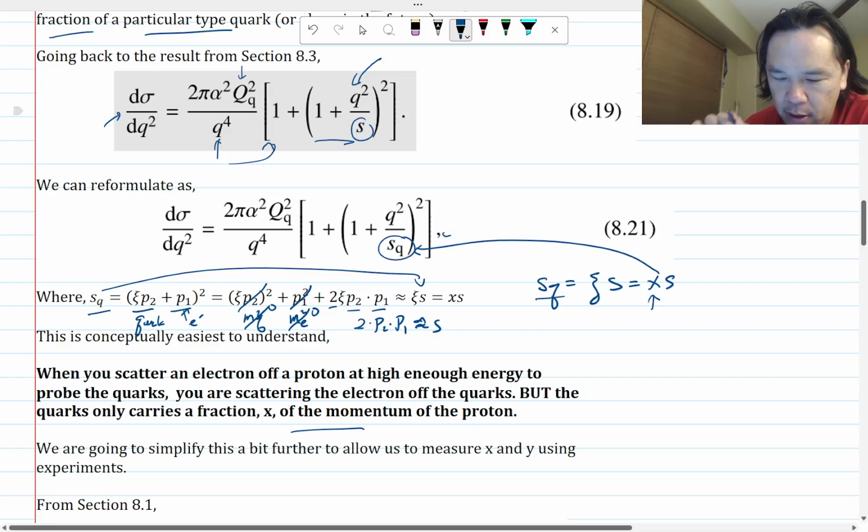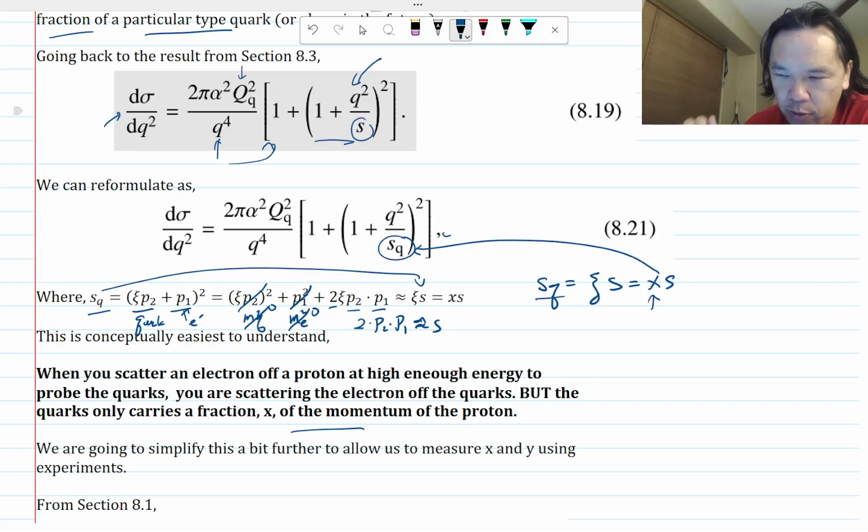What we change is that instead of scattering off a free quark, the quark is trapped inside a proton and carries a fraction of the momentum of the proton. That fraction happens to be X. When we defined this XC, we didn't know it was going to turn into X, but it's just an X fraction of the momentum of the proton.